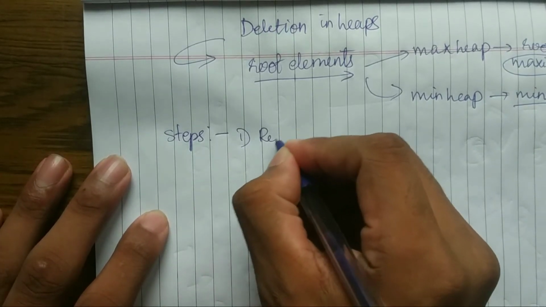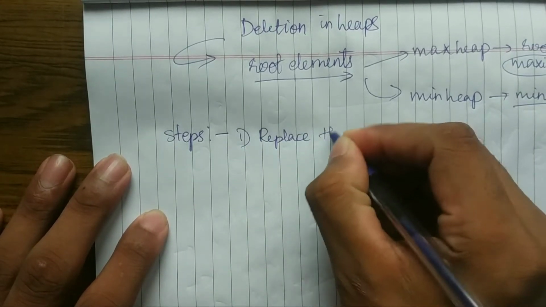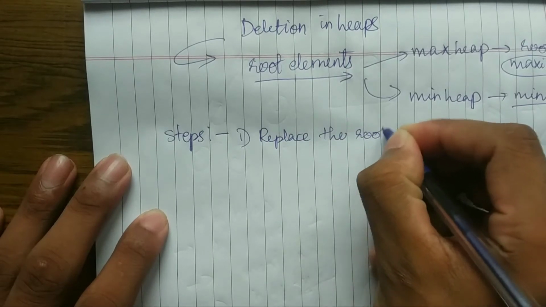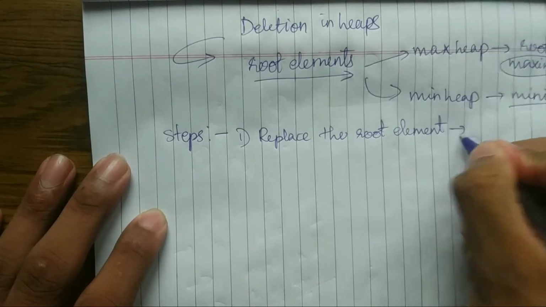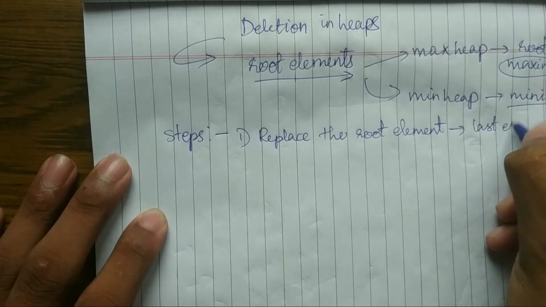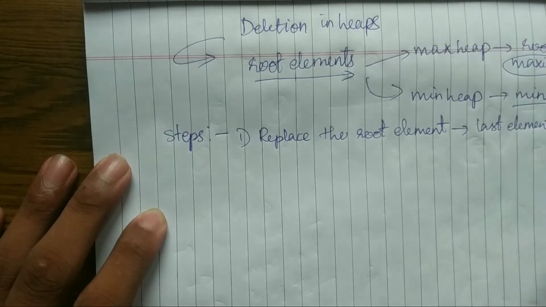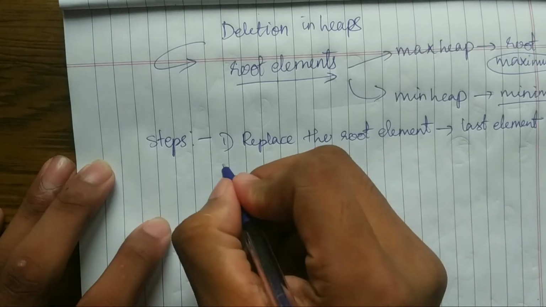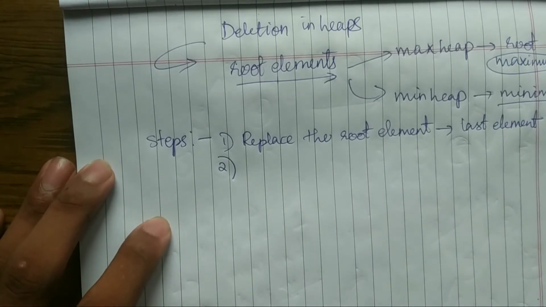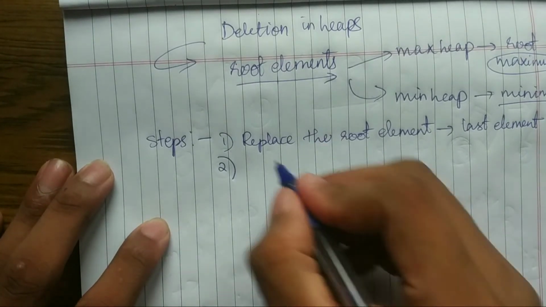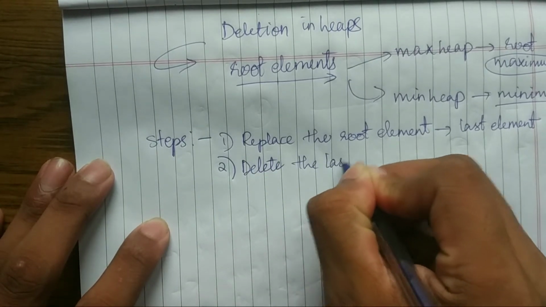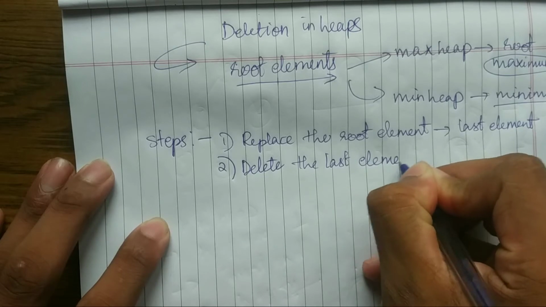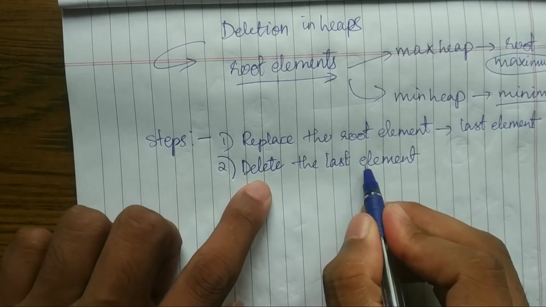First is that we should replace the root element with the last element. Next is that we should delete the last element. What is delete the last element?